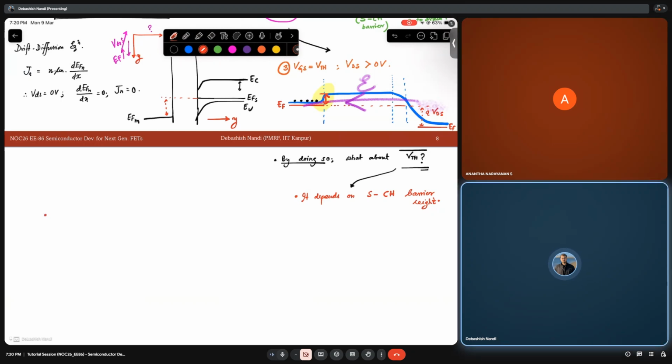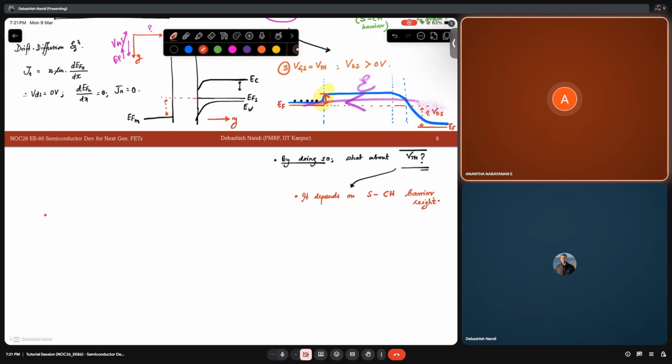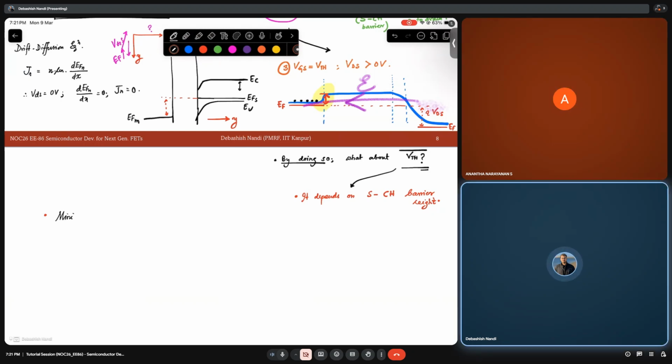So what is threshold voltage? Threshold voltage is the minimum amount of gate voltage which must be applied so that current starts to flow in the channel. Let me write that down: minimum amount of VGS required to create a significant current flow, or as you said, create a channel.